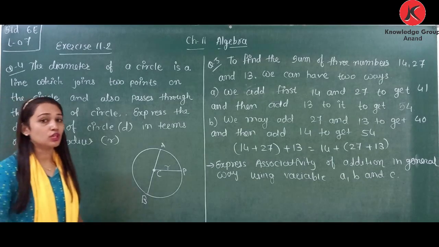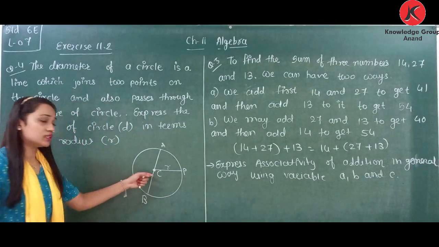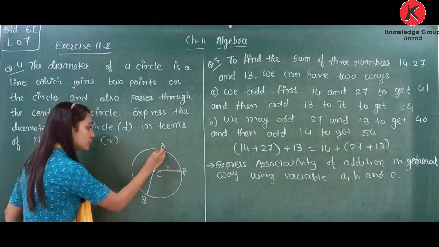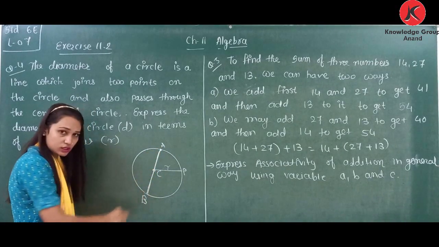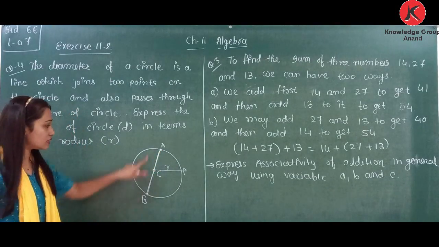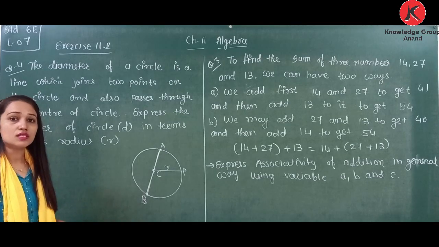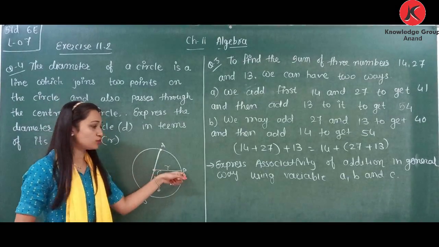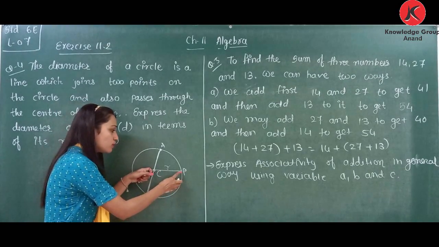But if the chord passes through the center, if we consider this as a circle and C as the center, then this line segment whose endpoints are on the circle is the diameter. What is the radius? It is the line we use to draw a circle, from the center to a point on the circle. So this length will be our radius.